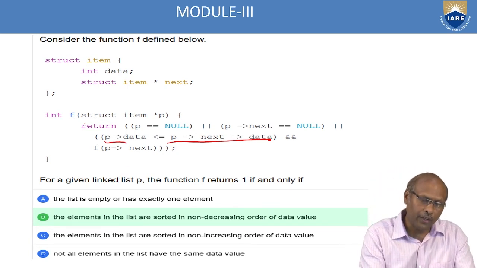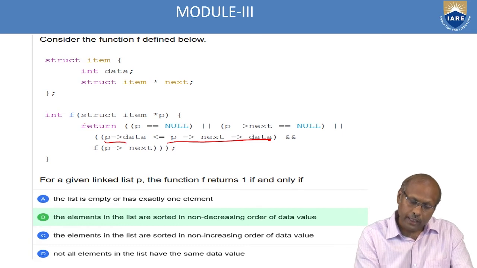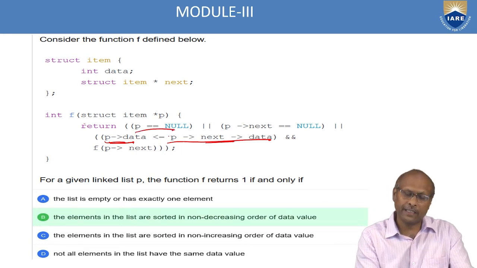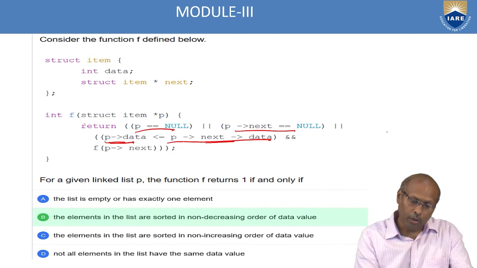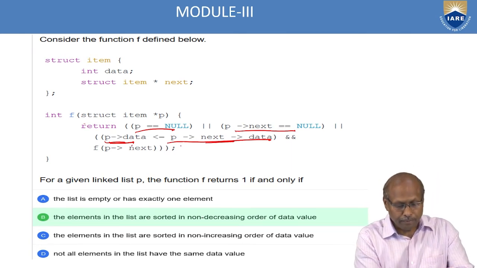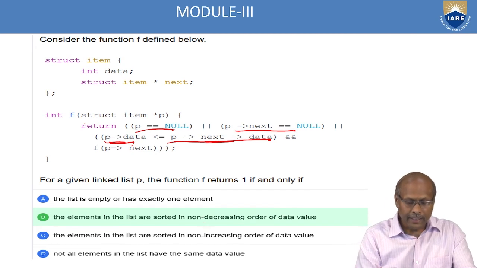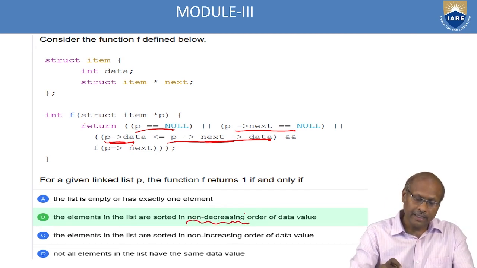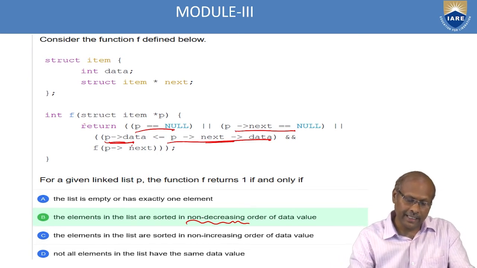Now f is calling f. When f is calling f, the first condition is true as well as the second condition. What is the first condition? P is null, or p of next is null, or p of data is less than p of next of data. That means the data is going in non-decreasing order, because the first data is less than the next data.